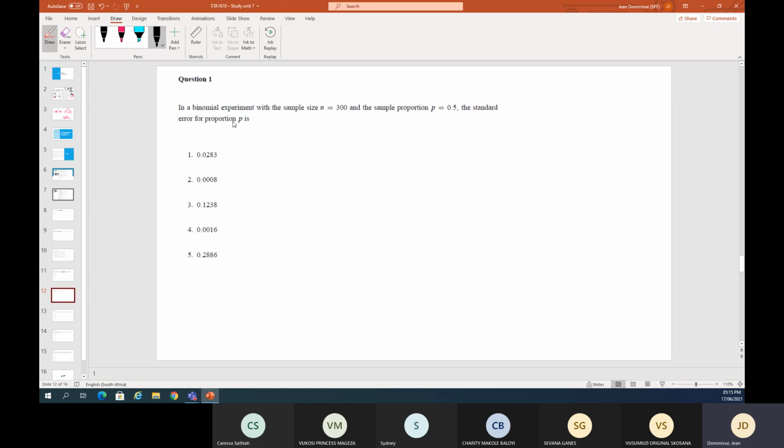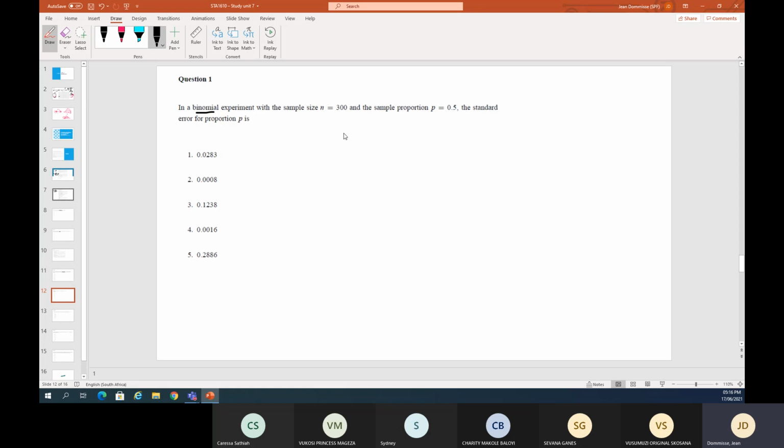Binomial experiment. I think this is nearly the link as well: because it's proportion, something is happening or something is not happening, it is actually a binomial experiment. So it is a binomial probability, but taking the binomial probability a step further.